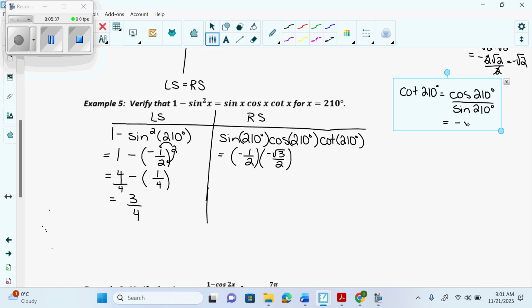Cos at 210 is -√3/2. Sine at 210 is -1/2. The 2's cancel, the negatives cancel. I'm left with √3/1 because I'm left with just numerators. √3. If you don't like stacked fractions, can you write them side by side and flip? Yes, please do.